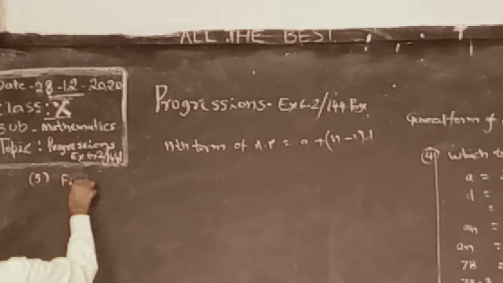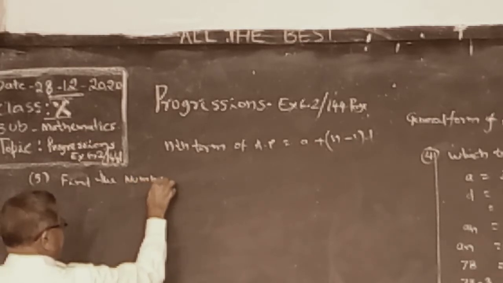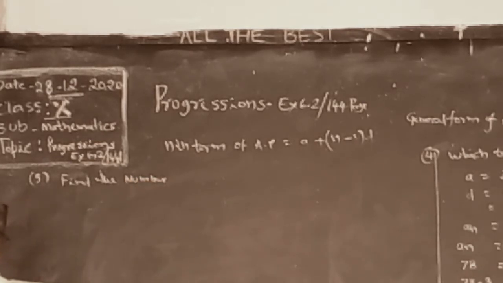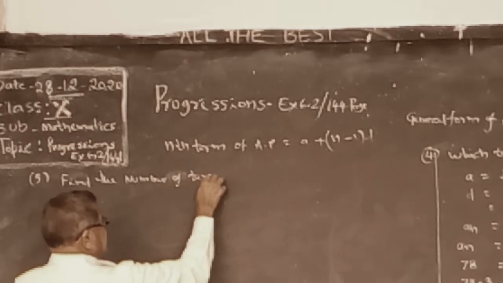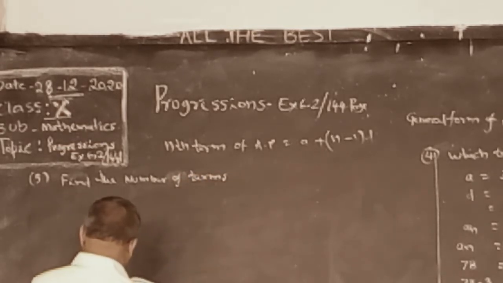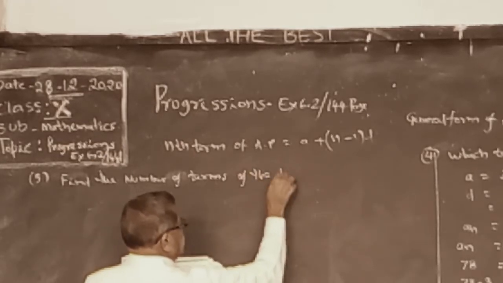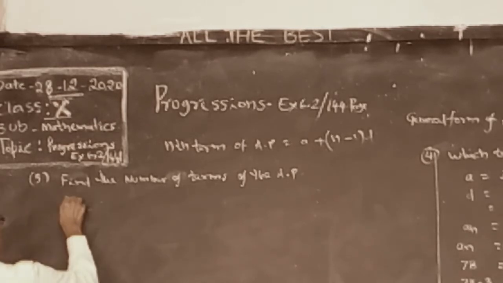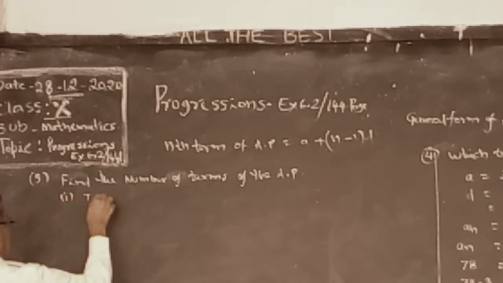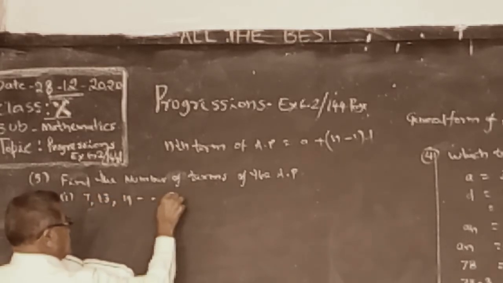Find the number of terms of the AP. First: 7, 13, 19, dash dash, 205.